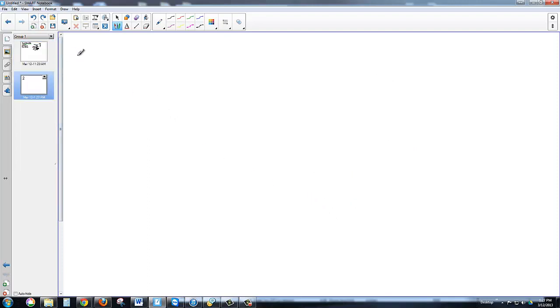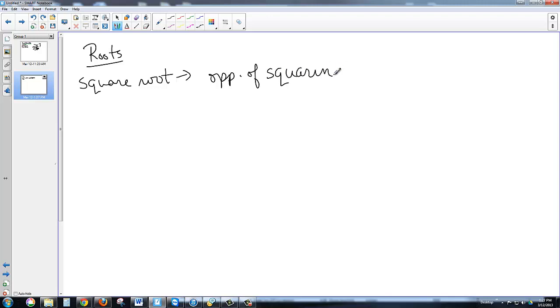Okay, that's the easy part. Now on to the new stuff. What happens when we talk about roots? You've all heard of a square root. Taking the square root is the opposite of squaring. In math, everything you can do has an opposite. Adding's opposite is subtracting, multiplying is dividing. Square root and squaring are opposites.